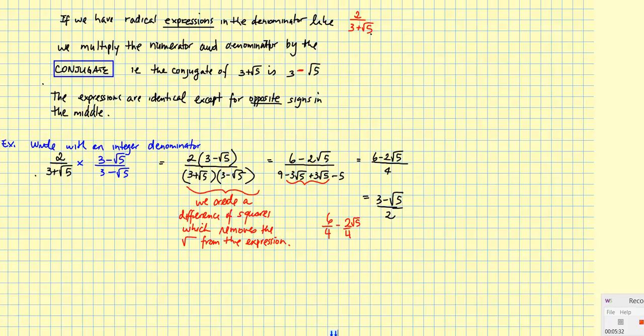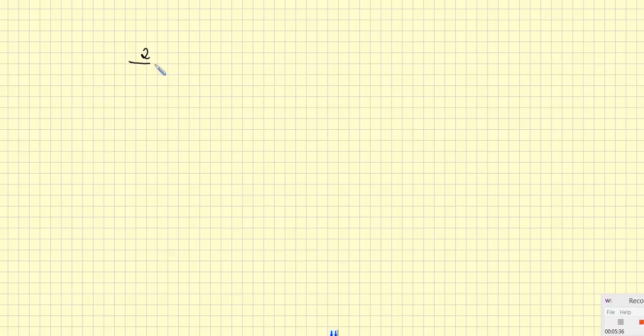It's 2 over 3 plus root 5. Now, because I have a plus or minus in the denominator, contrary to the previous examples, where we only had single radicals under there with no pluses or minuses, we're going to multiply by the opposite, or the conjugate.